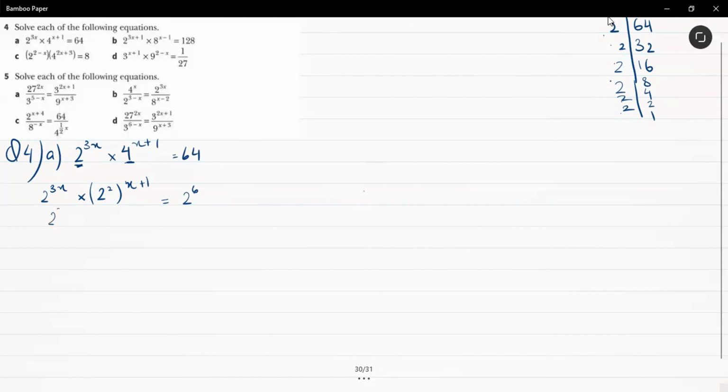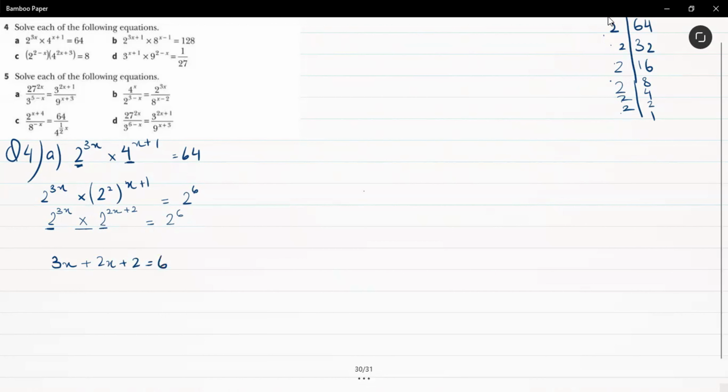Now we'll get 2 raised to the power 3x multiplied by 2 raised to the power 2x plus 2 is equal to 2 raised to the power 6. Now, one of the rules of powers is that when two values with the same index are being multiplied, we can add the powers. So 3x plus 2x plus 2 is going to be equal to 6.